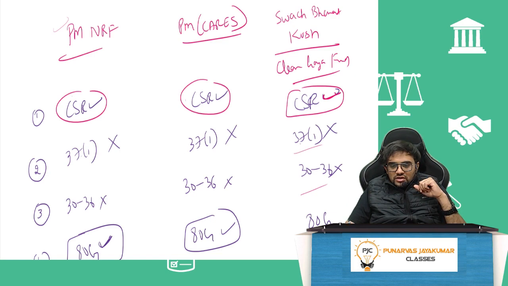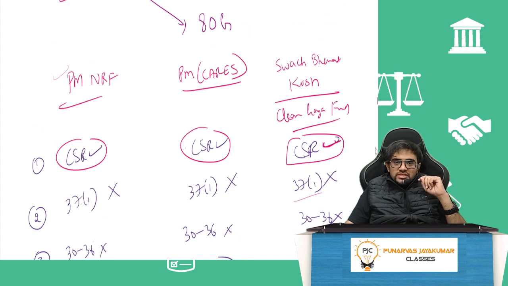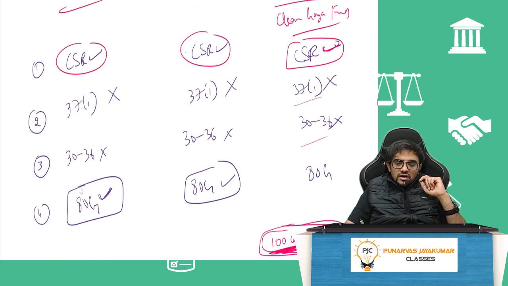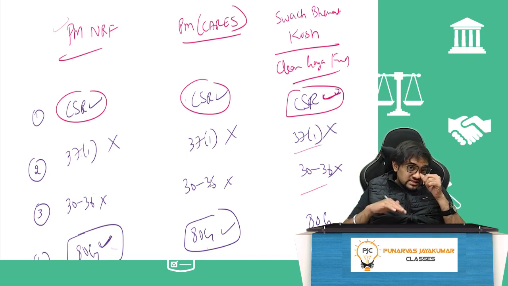All are not allowed under 37(1), but they are not allowed under 30 to 36 also. But PM National Relief Fund and PM Cares Fund are allowed under 80G. Swachh Bharat Kosh and Clean Ganga Fund, can you claim in 80G or not? If you have taken it in CSR, you cannot claim. If you have not taken it in CSR, then you can claim.